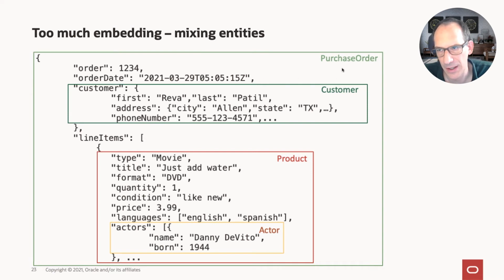So you have different entities: purchase order, customer, product, etc. It wouldn't make much sense to embed all this information inside. You would have massive documents, and if you wanted to update a customer, basically every customer's information would be in every order. So this is just a nightmare.